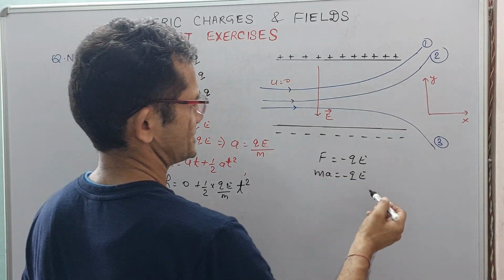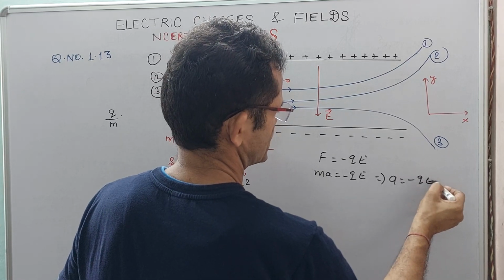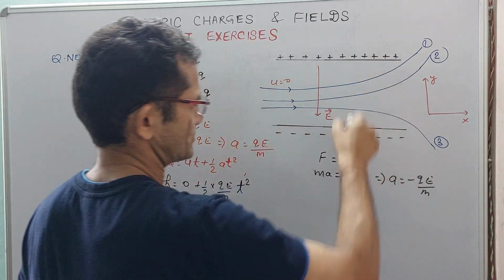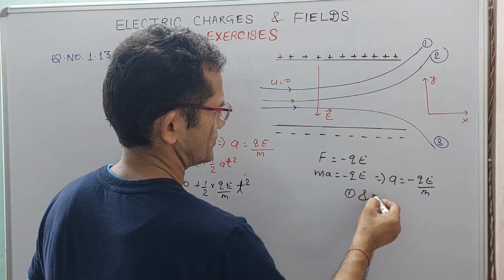For the negative charges this acceleration is just the negative of the electric field. Our electric field is in the downward direction, and the acceleration is upward for particles number 1 and 2.